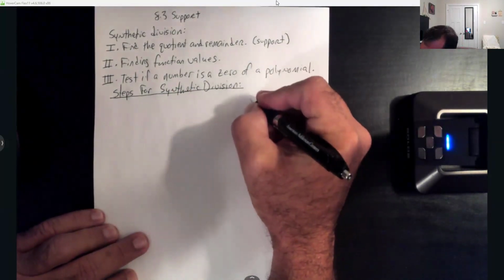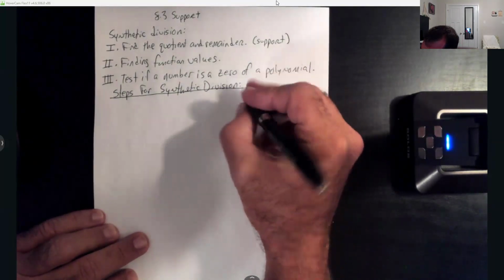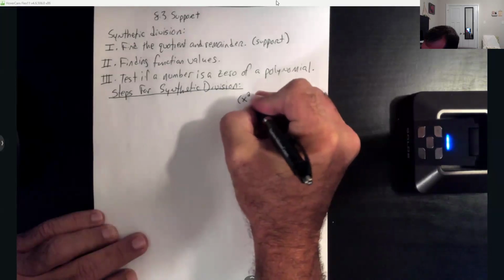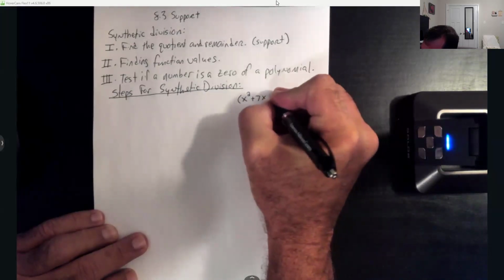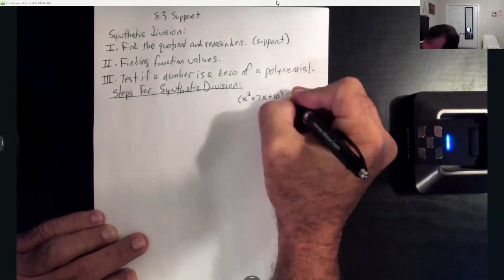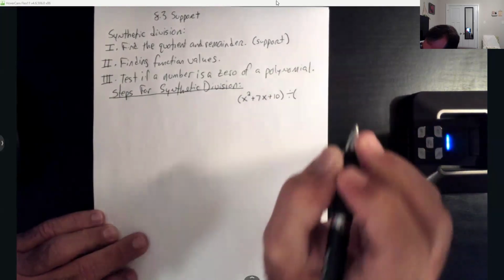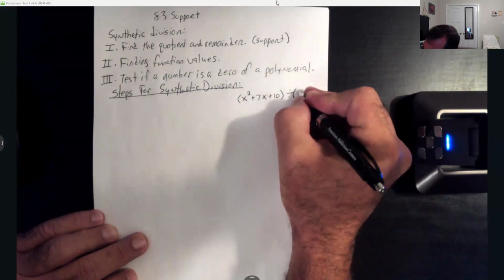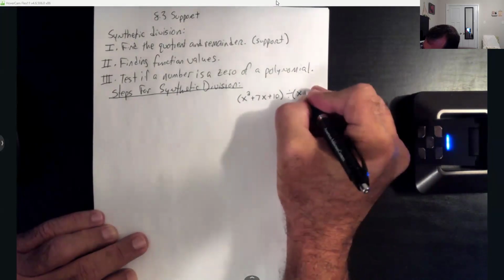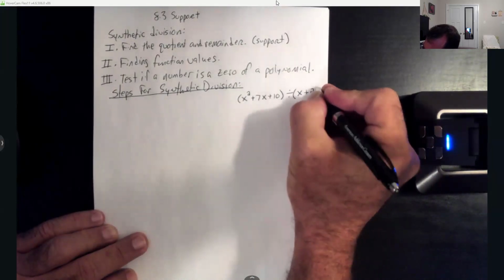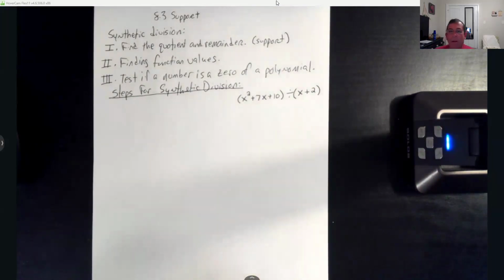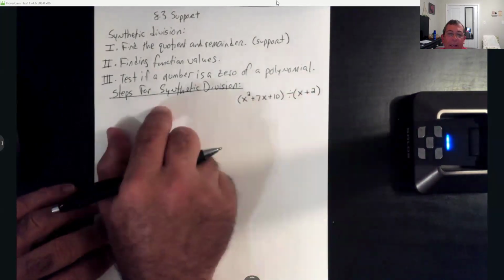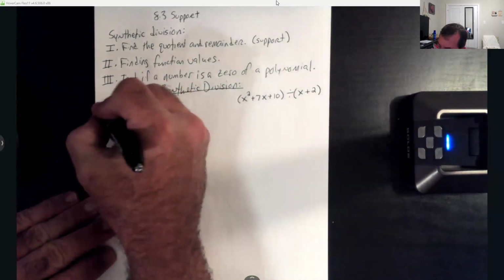So over here on the side, I'm going to take, say, x squared plus 7x plus 10, and I'm going to divide that by x plus 2. So I want you to sort of see the steps as I'm describing them over here.